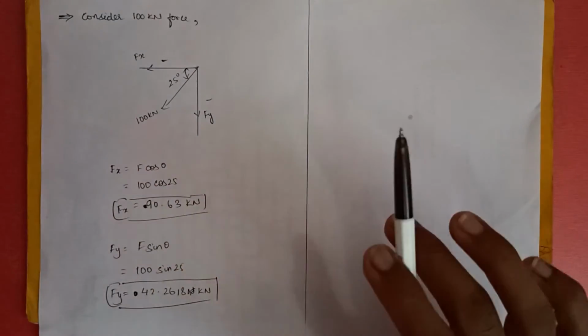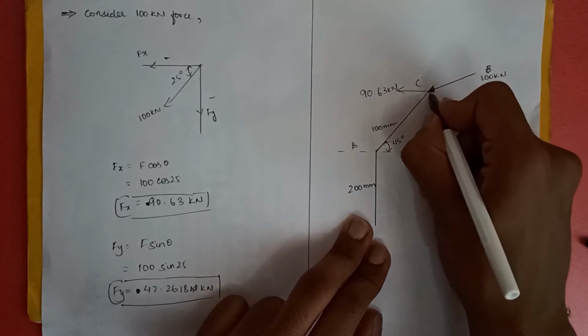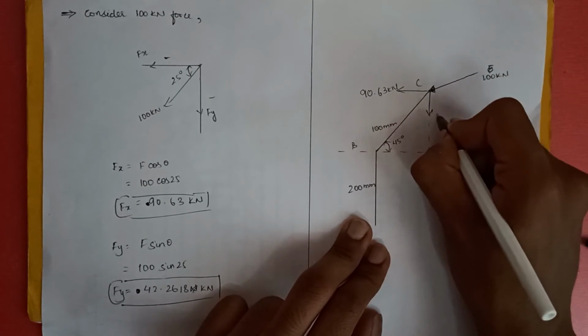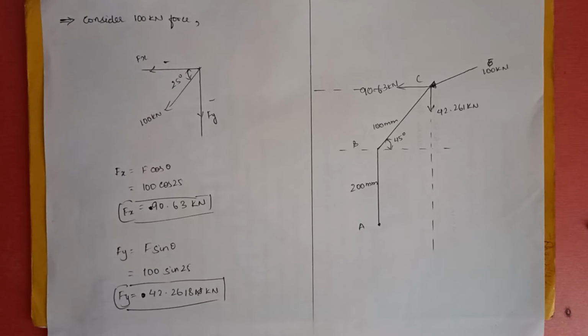Now let's continue. Now I have found the x component 90.63 kilonewtons and the y component of this force, which is 42.261 kilonewtons. If you remember, in my first video I had explained the principle of transmissibility of forces. Now we need to use the principle of transmissibility of forces in this concept.